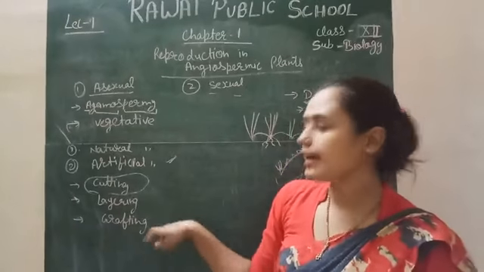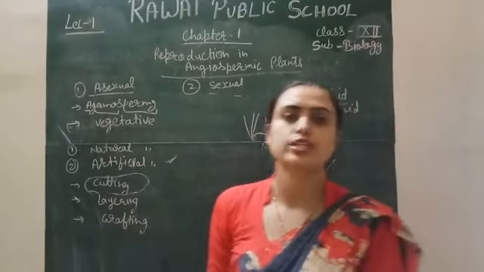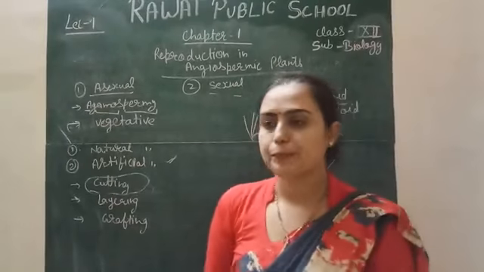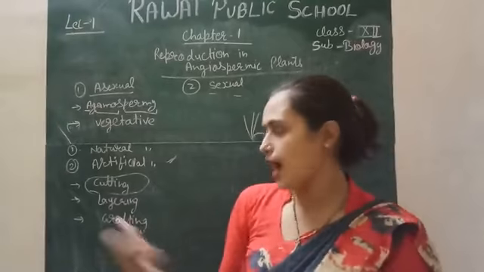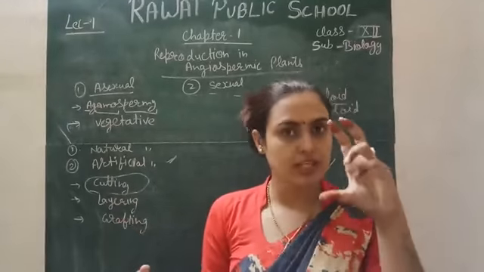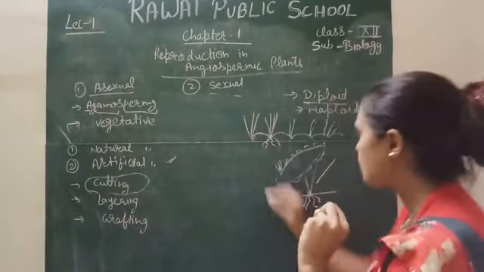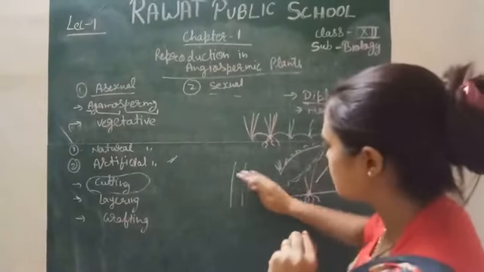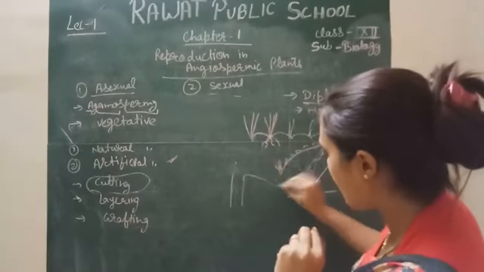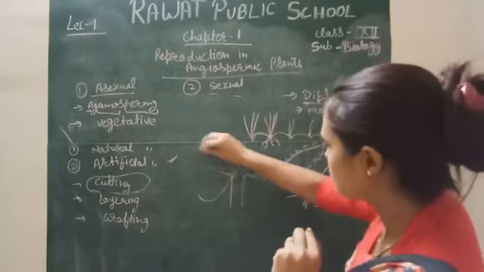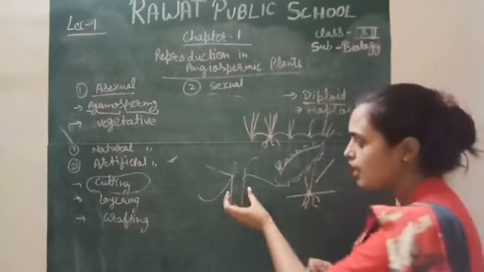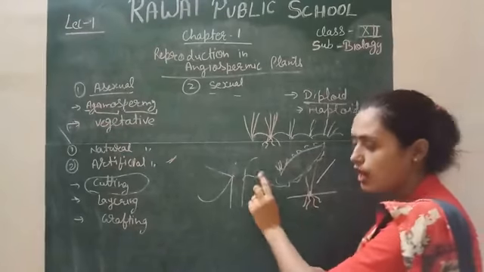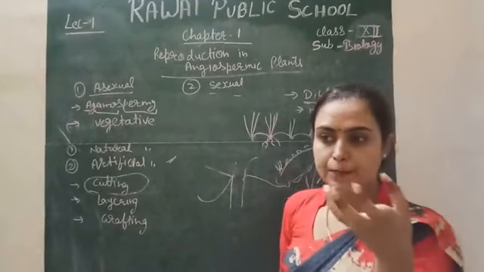Next is layering and grafting. These two methods are actually very important. Layering is of two types. First is mount layering. In that condition, the plant whose trunk is very small, for example this plant, this trunk is small and they have branches which touch the soil, touch the substratum, you can say. The trunk is very small and the branches are very flexible.